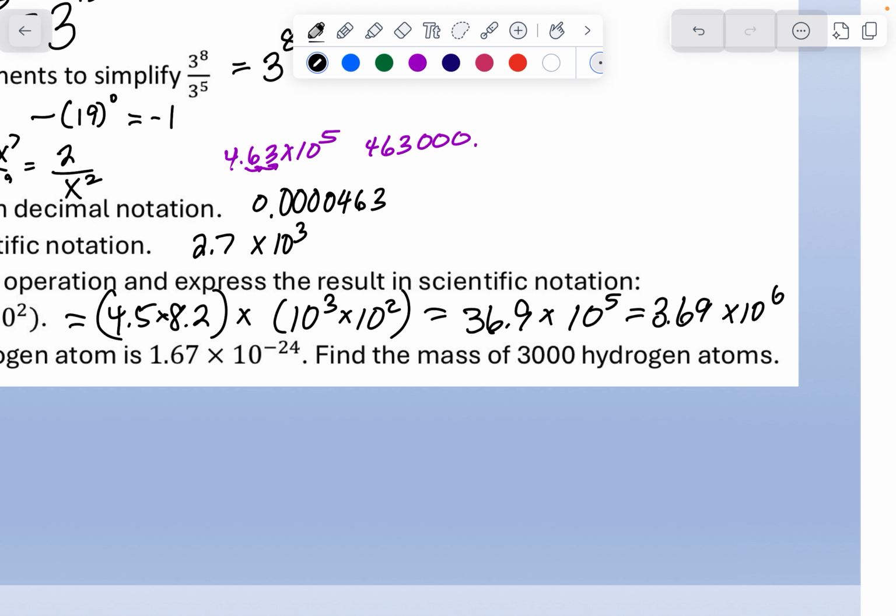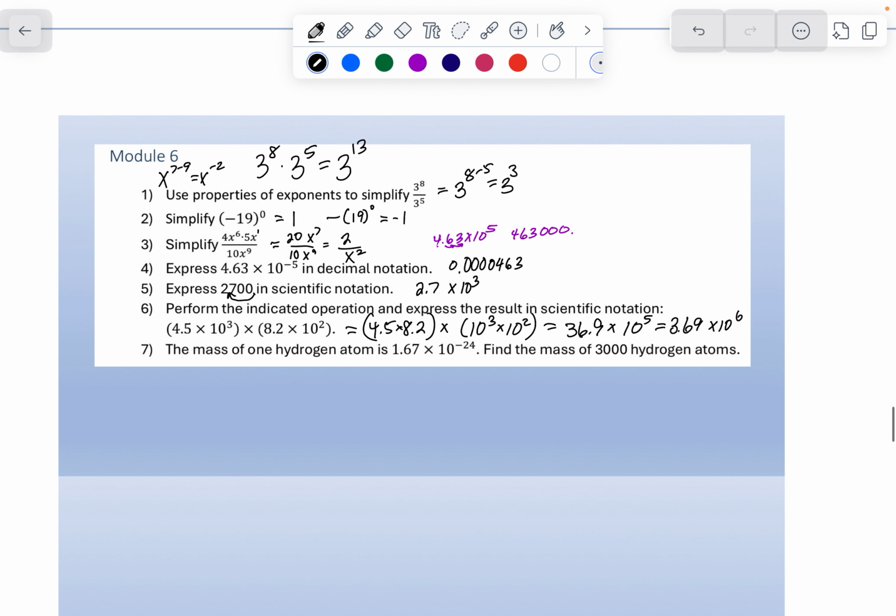Okay? And then it says the mass of one hydrogen atom is shown. Find the mass of 3,000 hydrogen atoms. That's a multiplication. So I'm just going to show times 3 times 10 to the third.